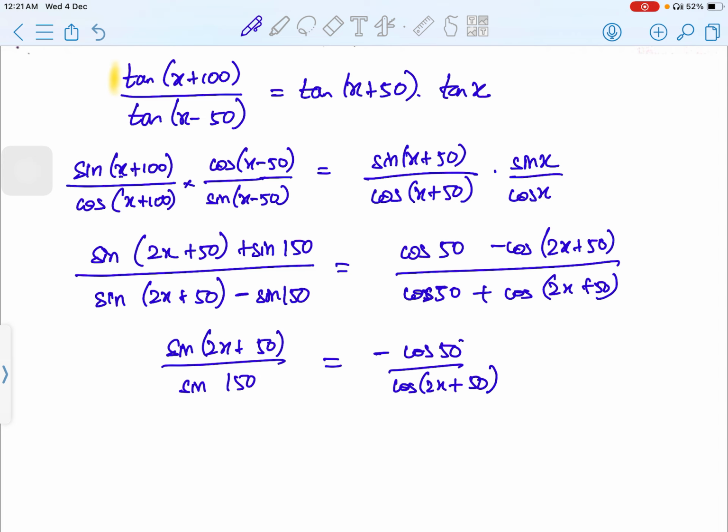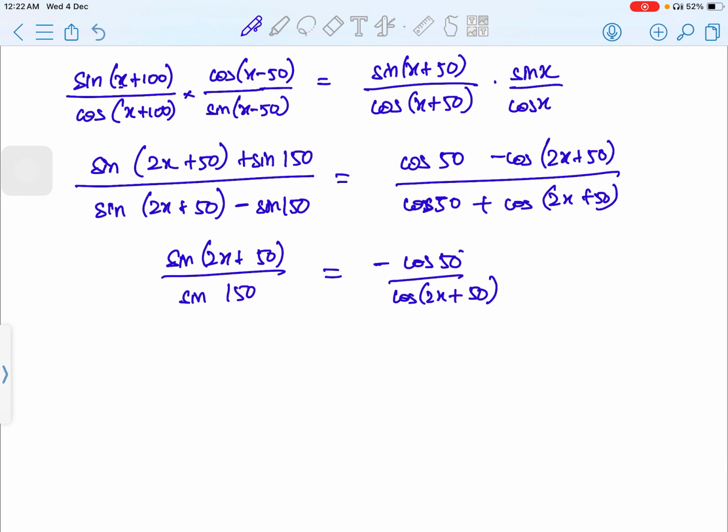Then only you will have the componendo dividendo rule equal. Okay, next step. Cross multiply. Sin 2x plus 50 into cos 2x plus 50 is equal to minus cos 50 into sin 150.